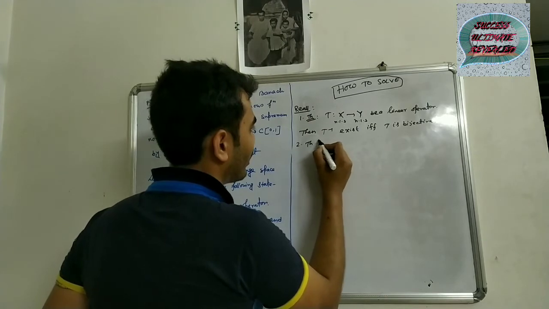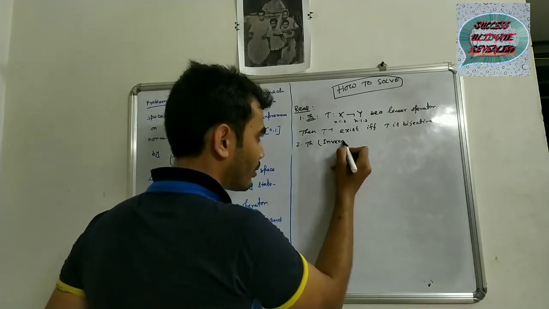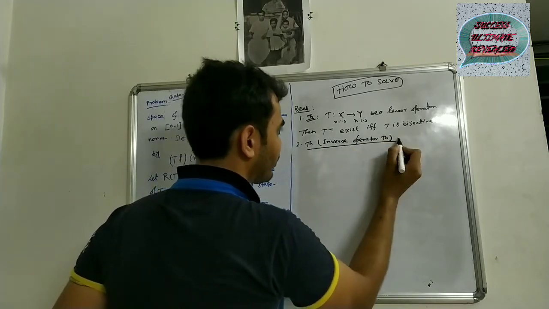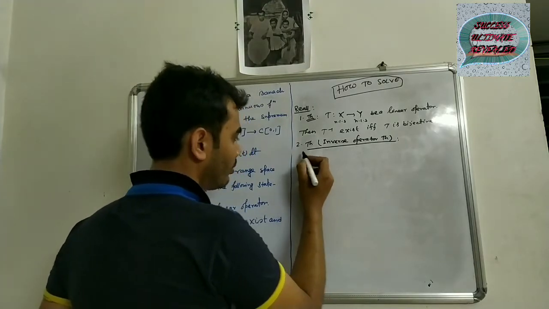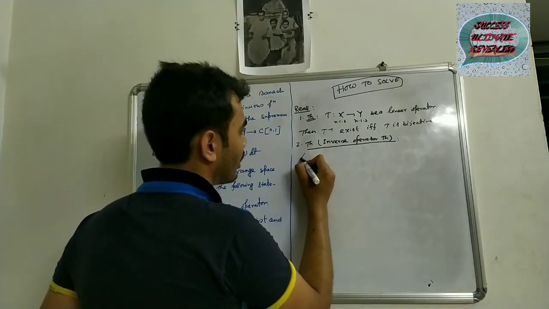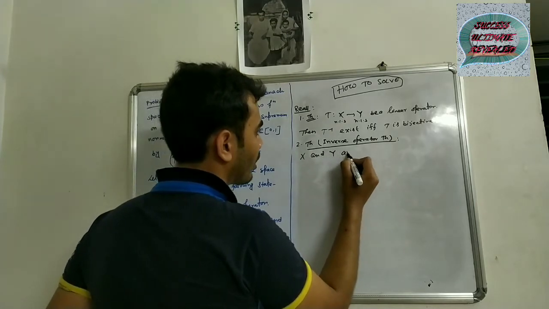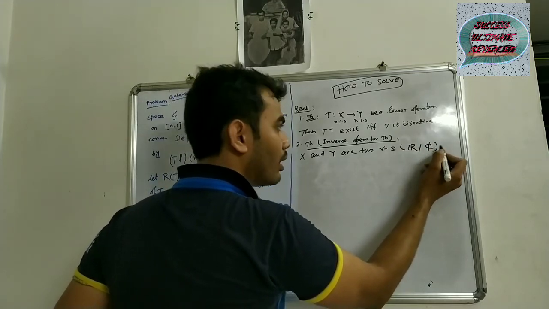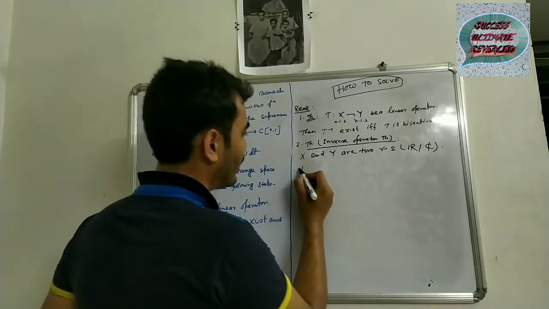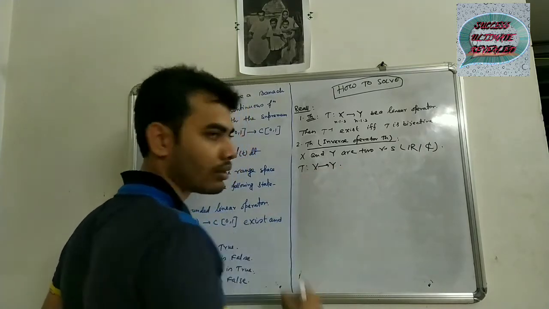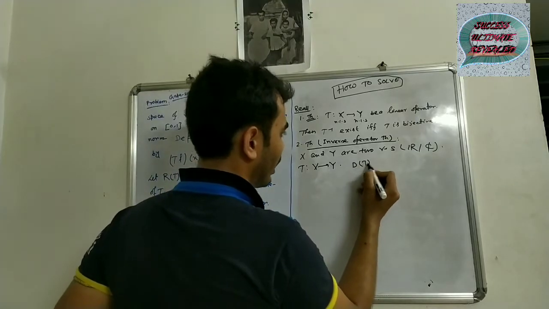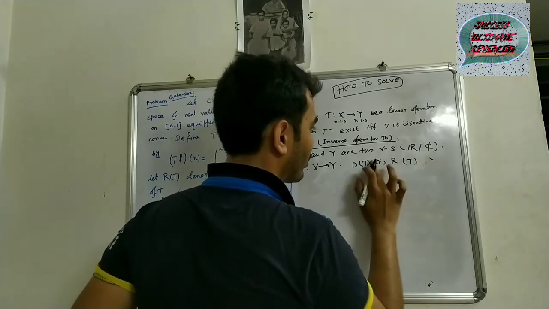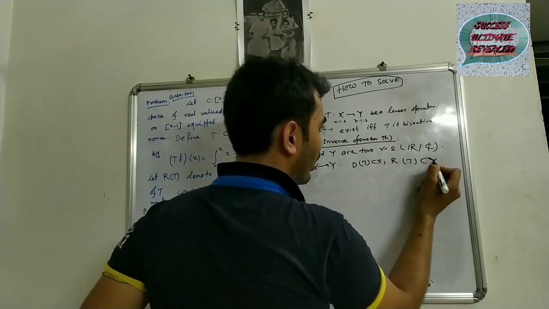Now recall another theorem, also called the inverse operator theorem. X and Y are two vector spaces. These vector spaces may be real or complex. Now we define a linear operator T from X to Y with D(T) subset of X and R(T), that is the range set of T, subset of Y. Clear?